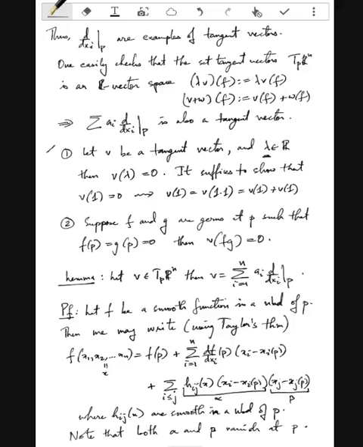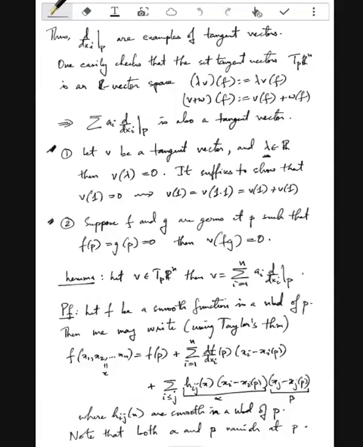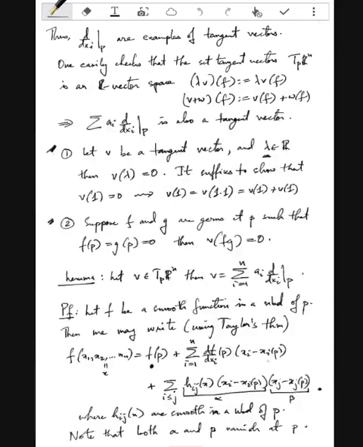So now using these two observations, 1 and 2, we apply V to both sides. Applying V to both sides, we get, so V of f is equal to the V applied on the first term and V applied on the last term are 0, and also V applied on xi of p is 0.